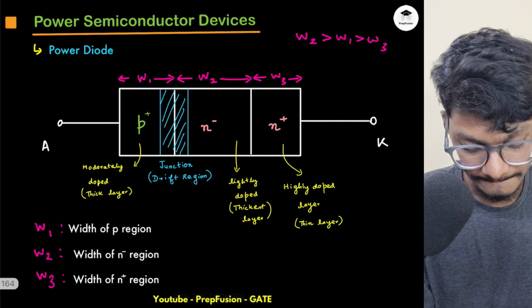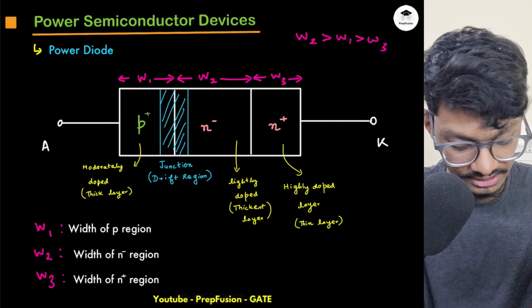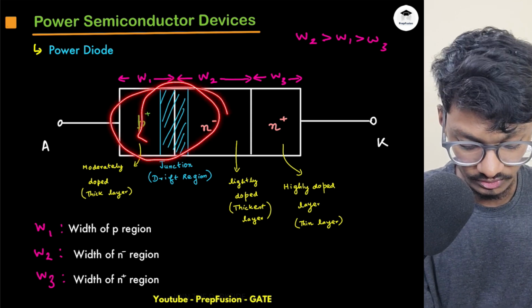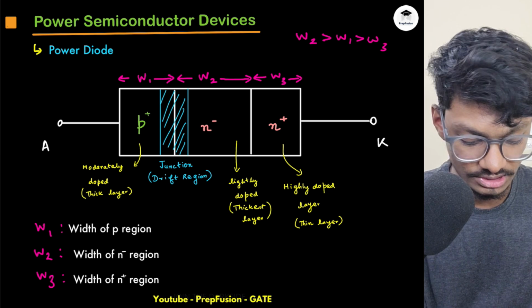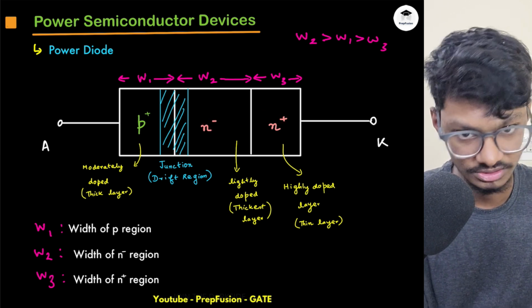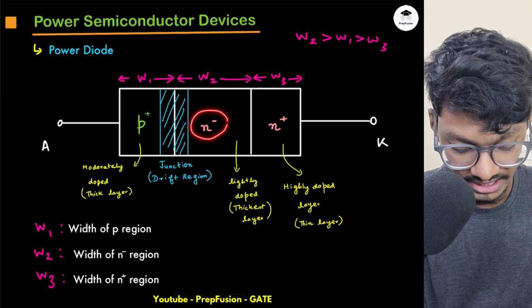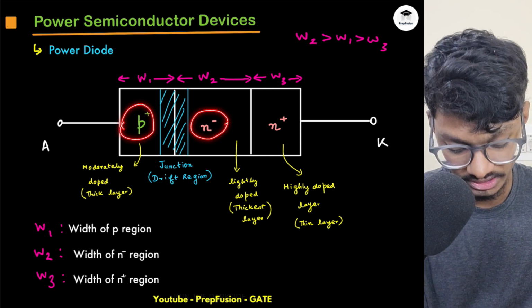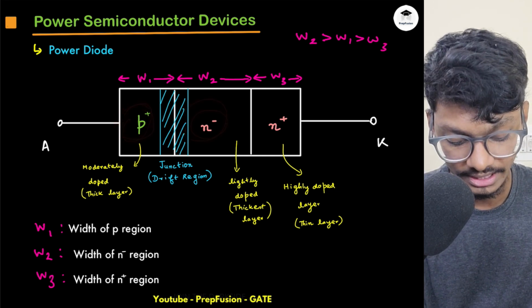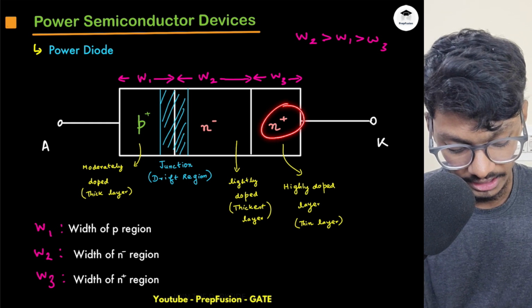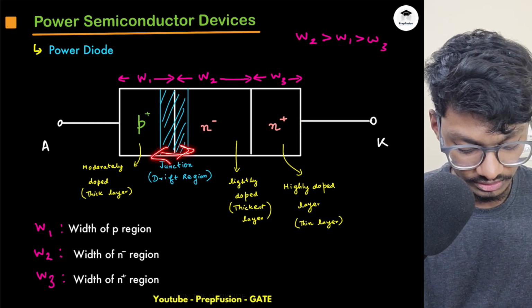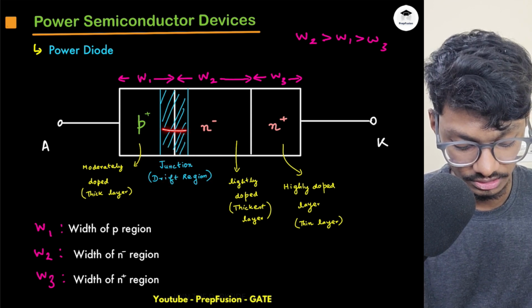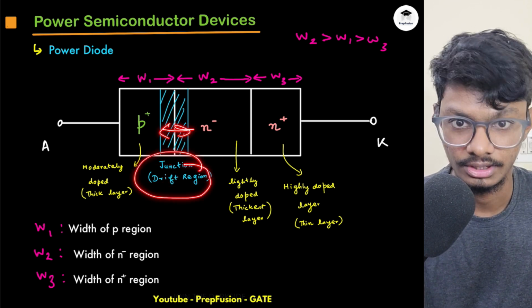So here now, there are three regions. This is one junction, this is also another junction, but here not much of a junction forms because N minus and N plus are not much of a difference. But here, this is highly doped, and this is moderately doped, and this is lightly doped, and this is highly doped. So with this, the junction width will increase. This region is known as the drift region.